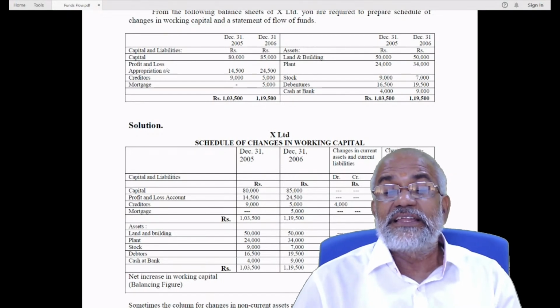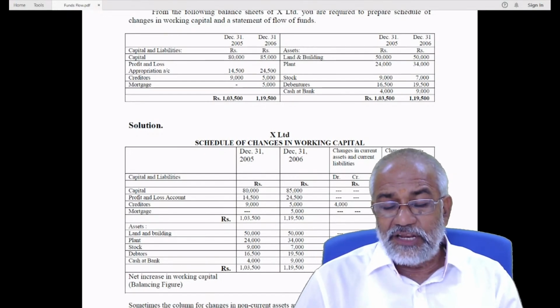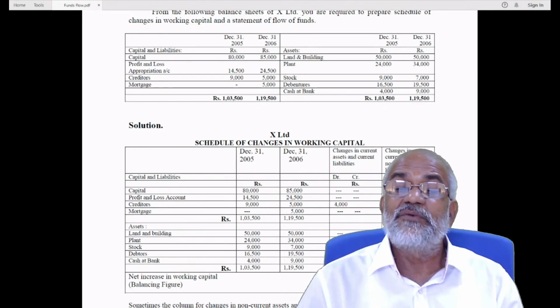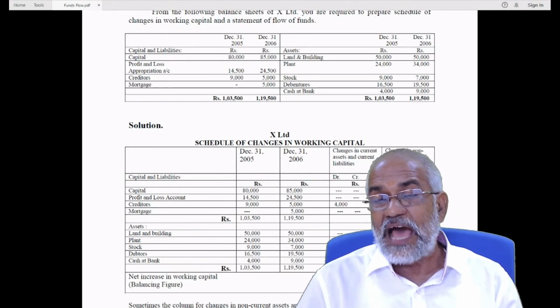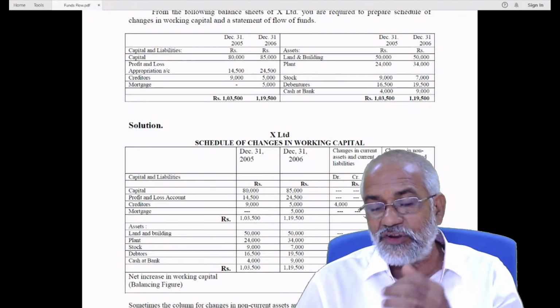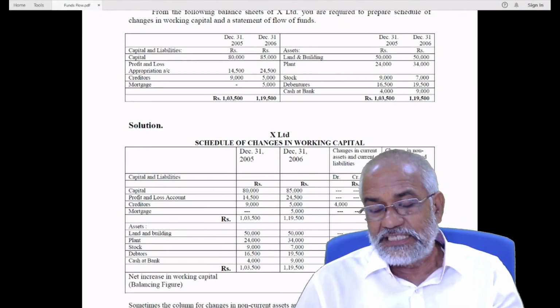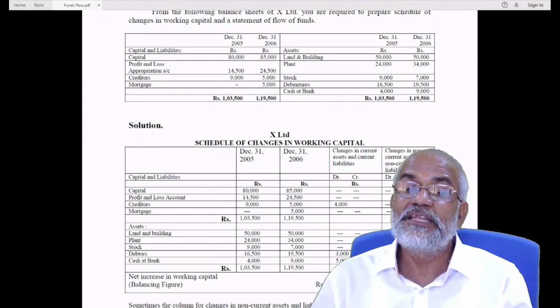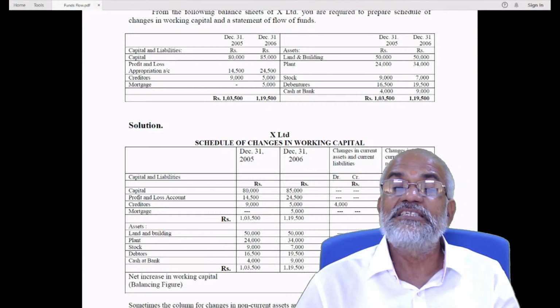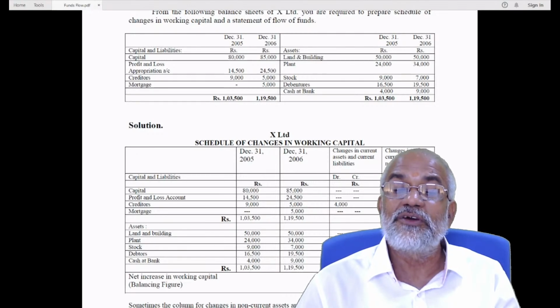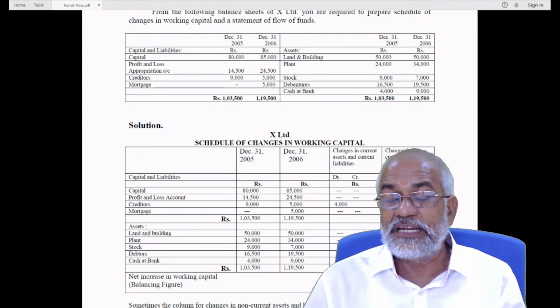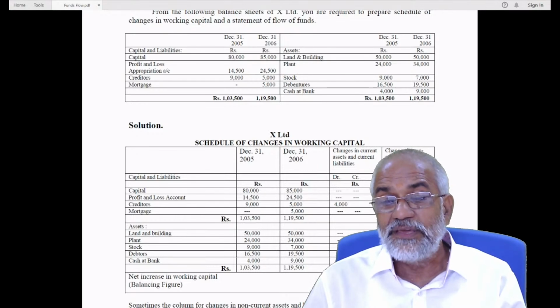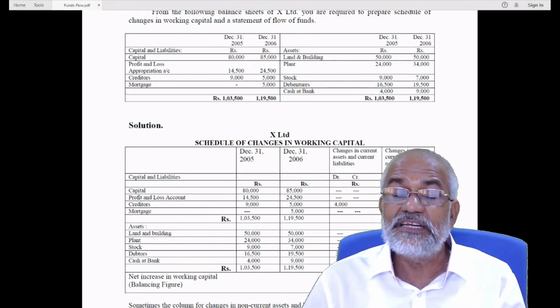Then when we balance the last 2 columns, the changes in the non-current category, the same figure must appear but in the opposite column. The same 10,000 comes in the debit column of the non-current category. In the current category it comes in the credit column; in the non-current category it comes in the debit column.